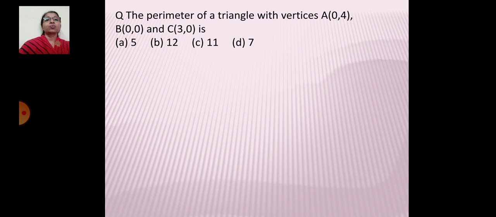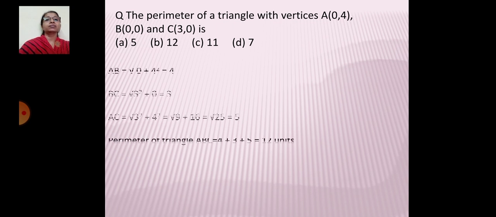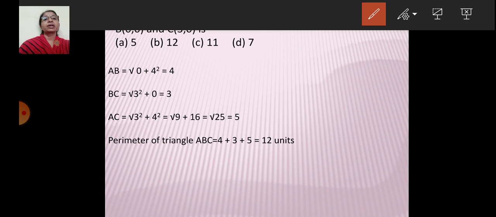One by one we will calculate all three lengths and then we'll add them. First of all, AB, again by distance formula you calculate AB. AB length is 4, BC length is 3 and AC length is 5. Therefore perimeter is equal to 4 plus 3 plus 5, which is equal to 12 units.